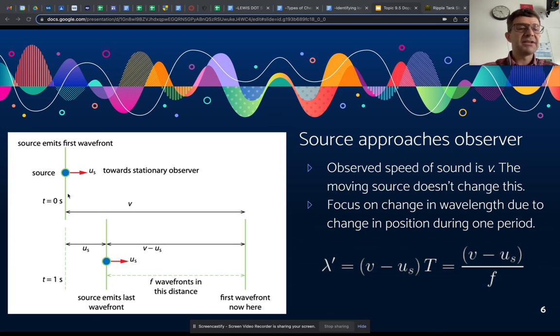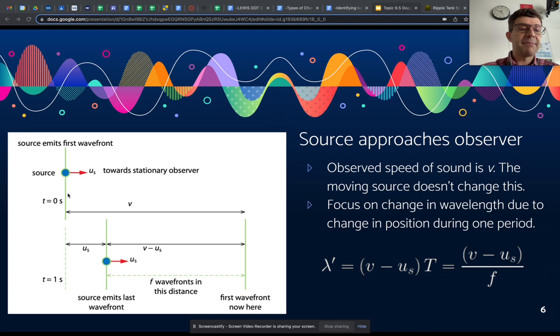So if we consider two successive wave fronts being emitted, there's a moment in time, time 0, where the first wave front is emitted. And we'll look again 1 second later. We're going to use a frequency of 1 hertz here, 1 wavefront per second. Two things happen between this picture and this picture.